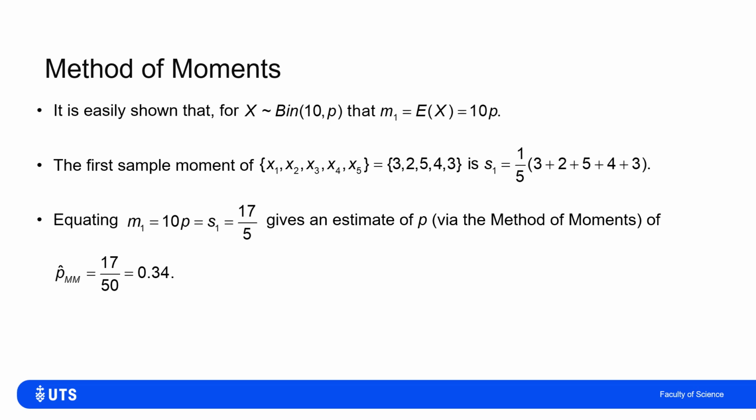So p hat, subscript mm, where the hat says it's only an estimate of p, because I don't know what p is, and the subscript mm indicates the method of moments, is 17 on 50, or 0.34, so 34%. And that should be fairly intuitive, because that's obtained by saying I got 17 heads out of 50 flips in total, so my best guess of the propensity to land heads is 17/50ths.